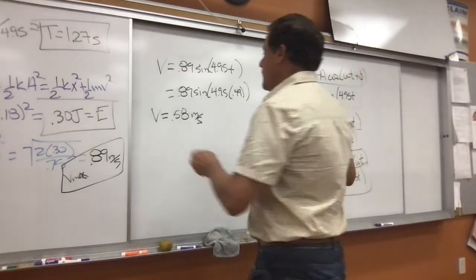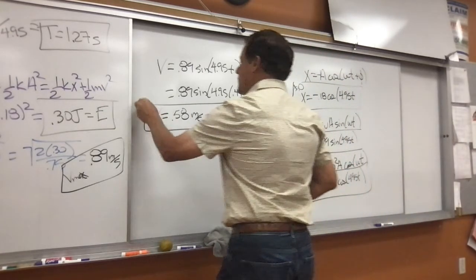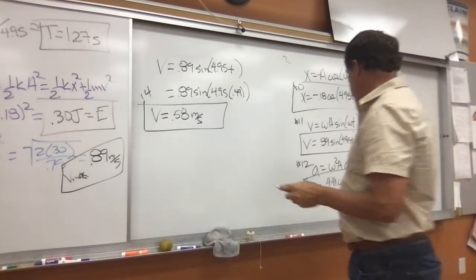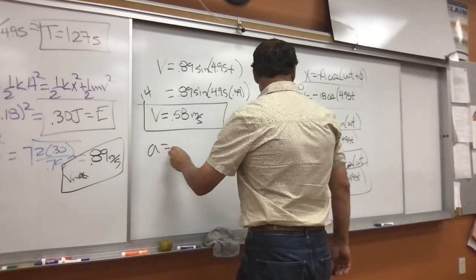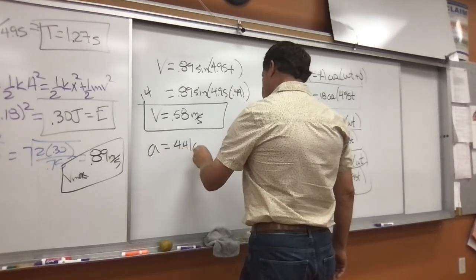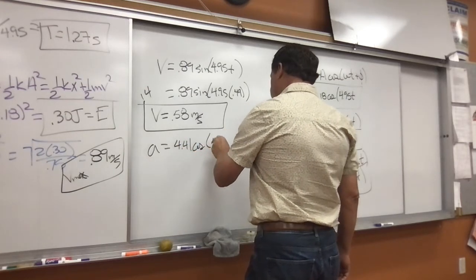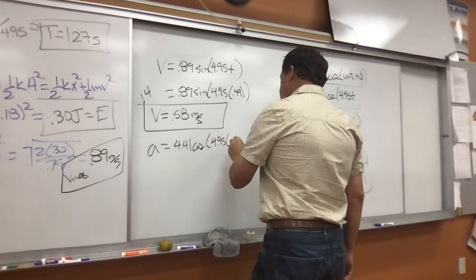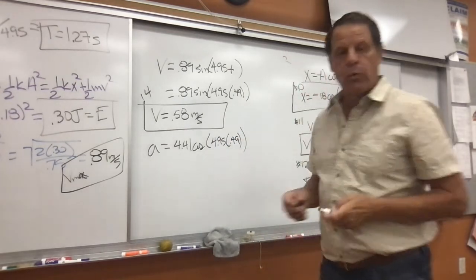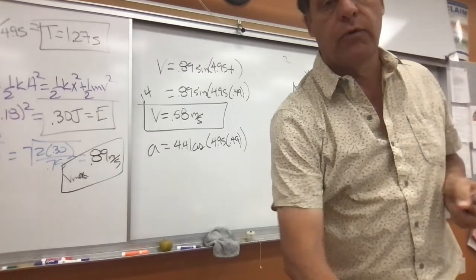Okay, so this was problem 14. So now we're going to use our acceleration equation. So acceleration is going to equal 4.41 times the cosine of 4.95 times our time of 0.49 seconds.